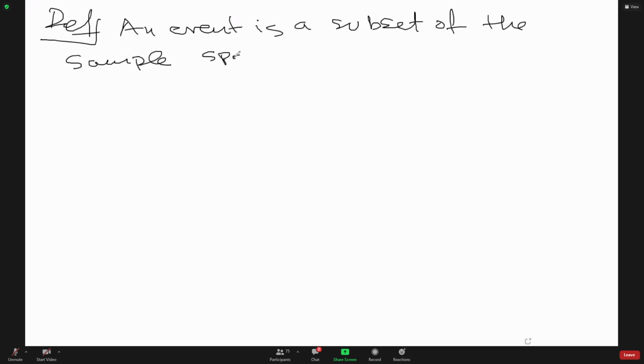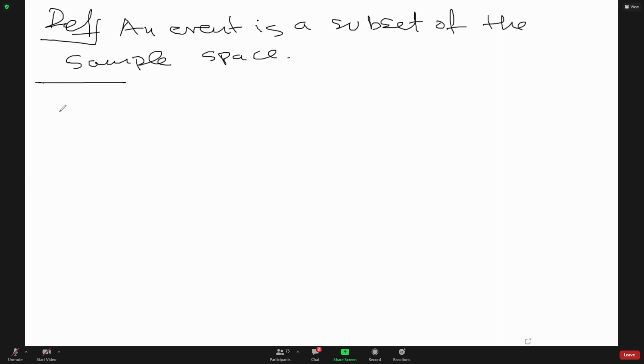So an event is a subset of the sample space. That's a very simple definition, but also important.